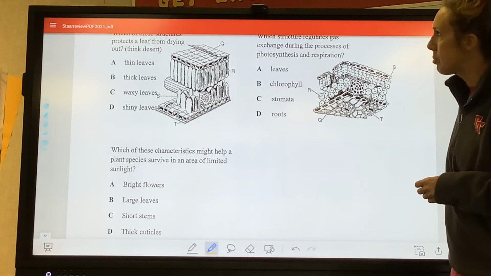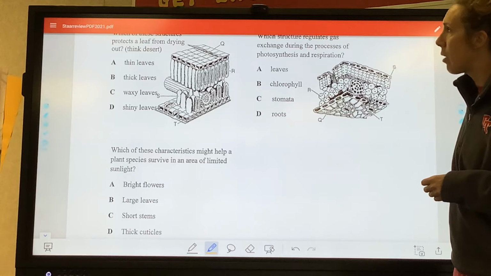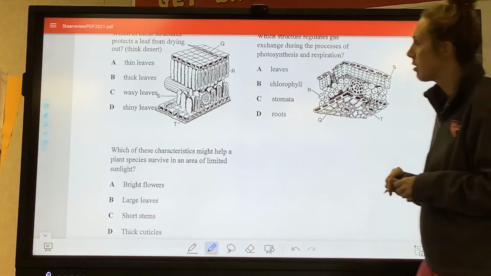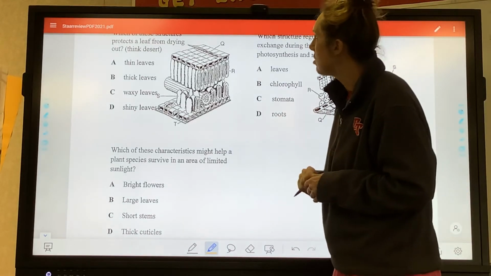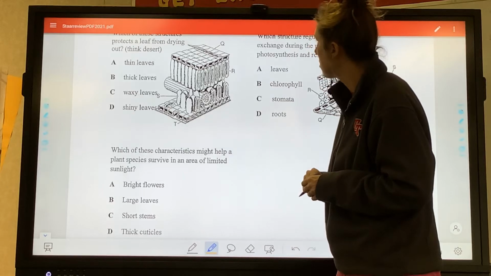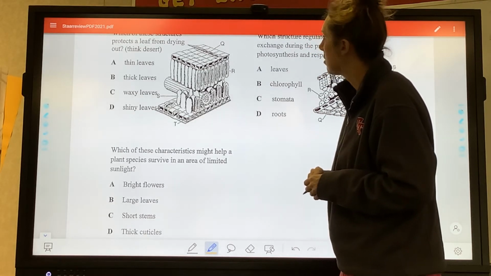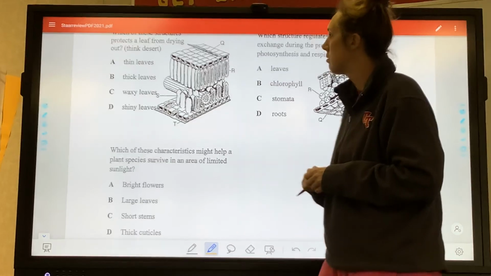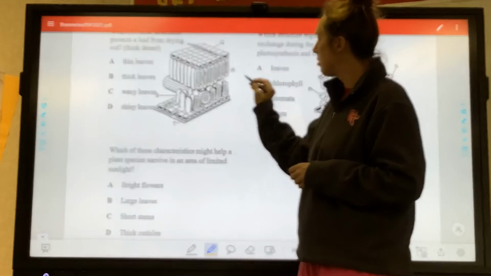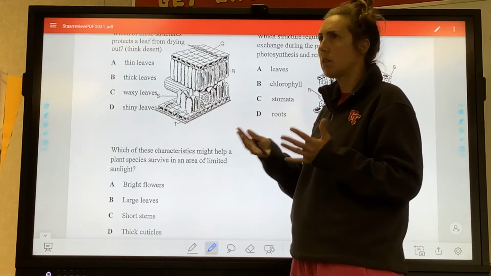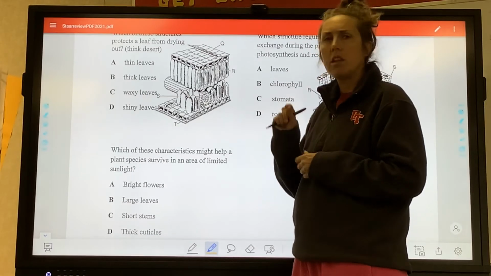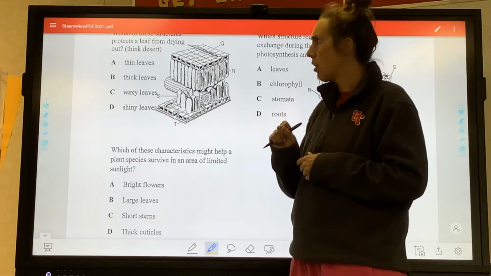Which of the structures protects the leaf from drying out? Think desert. Which of these structures protects the leaves? I guess we're not supposed to do the letters, but what protects the leaves from drying out? Thin leaves, I would think, would dry out quicker.